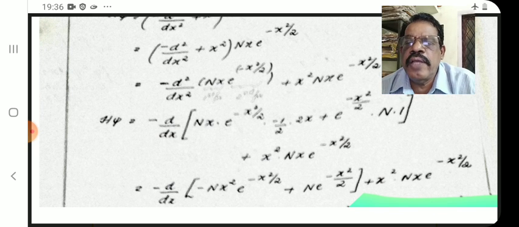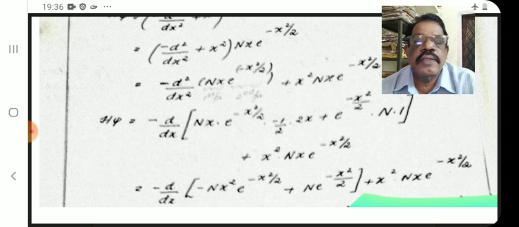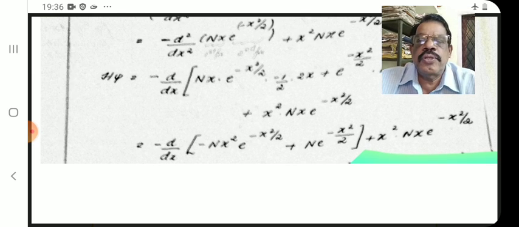Again we write that capital H psi is equal to minus d by dx inside the bracket, x into x square. There is 2 and 2, 1 by 2 and 2 will cancel. We get minus n x square e raised to minus x square by 2 plus n e raised to minus x square by 2, then the term outside the bracket plus x square nx e raised to minus x square by 2.